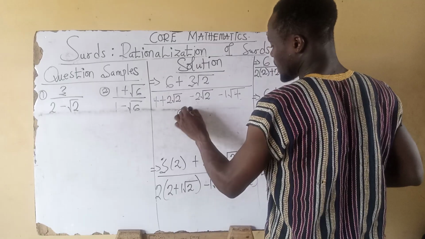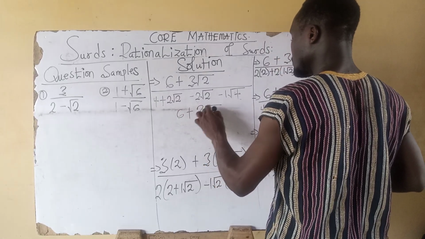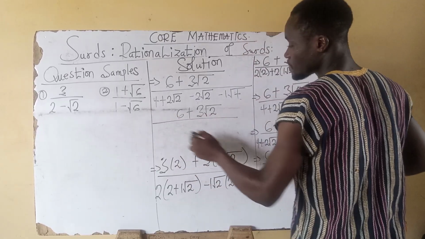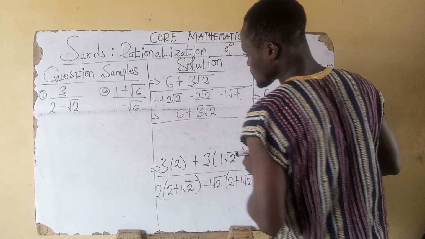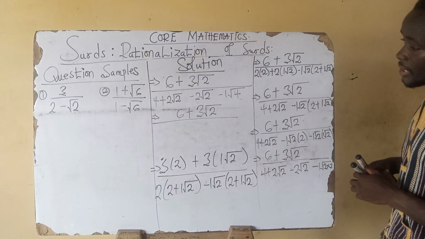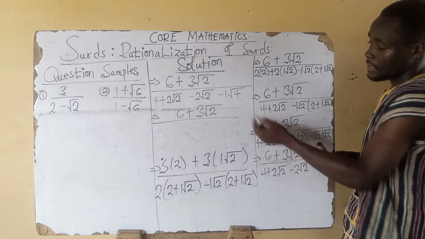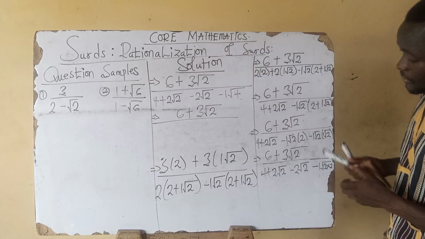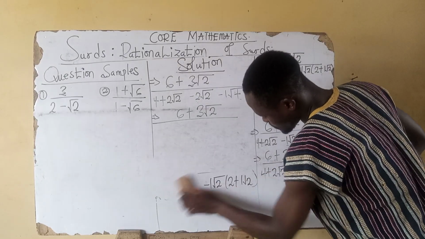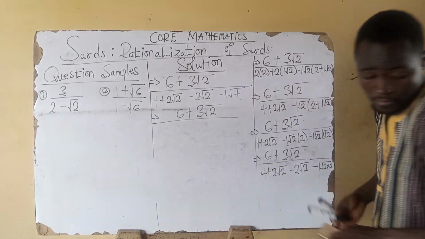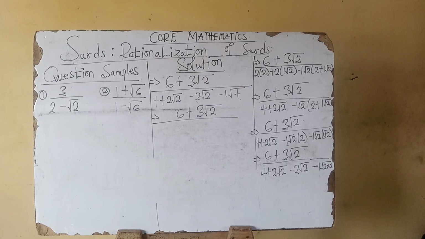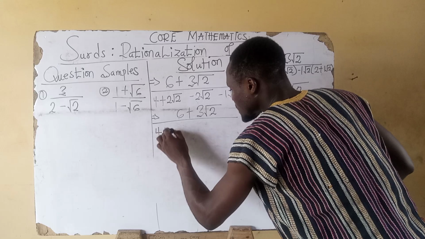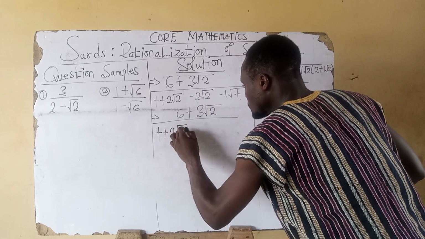Now I have 6 plus 3 root of 2 all over. So here, let's group like terms. Now have it in mind that root 4 will give you something. Okay? So continuing with life, I'm now having 4 plus 2 root 2.